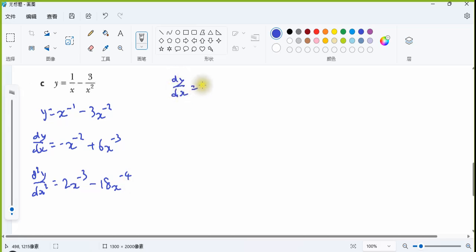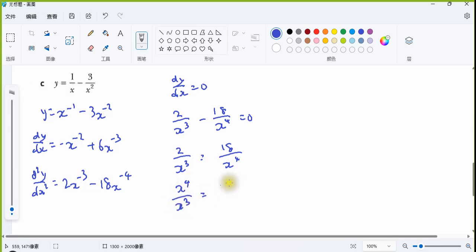So when we have dy/dx equal to 0, then we have 2 over x cubed minus 18 over x power 4 equal to 0. 2 over x cubed equal to 18 over x power 4. So x power 4 over x power 3 equal to 18 over 2. So we have x equal to 9.